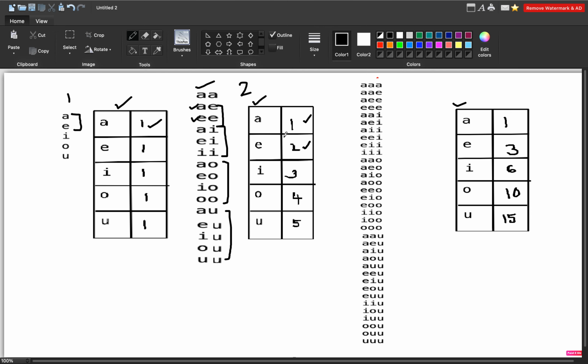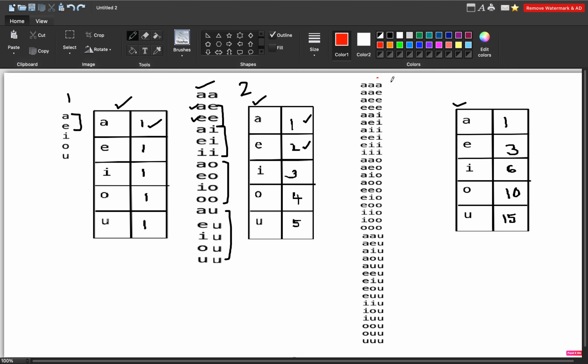So you can observe this thing: it is the sum of these two for e. Similarly for i, the answer will be 3, and it is the sum of all three. Similarly for o you can see 4, and similarly for u. Okay, so all the strings are written here, you can recheck also.